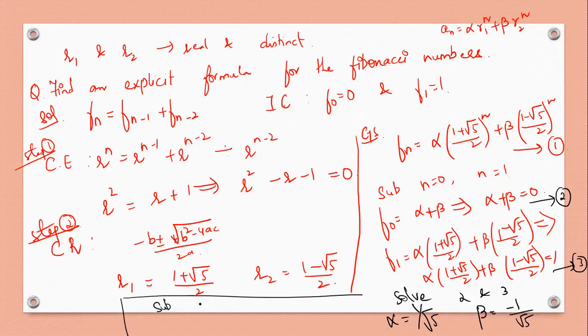So we get Fn = (1/√5) ((1 + √5)/2)^n - (1/√5) ((1 - √5)/2)^n. This is the explicit formula for the Fibonacci numbers.